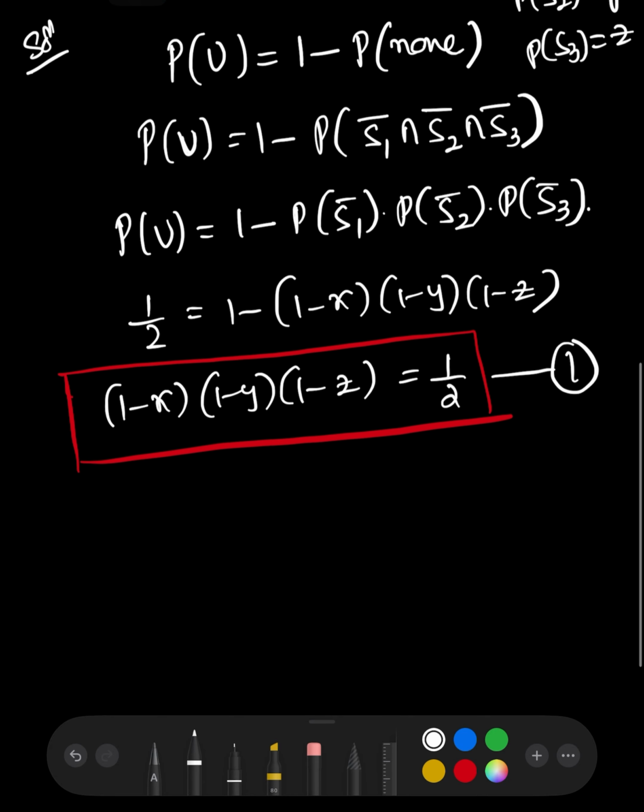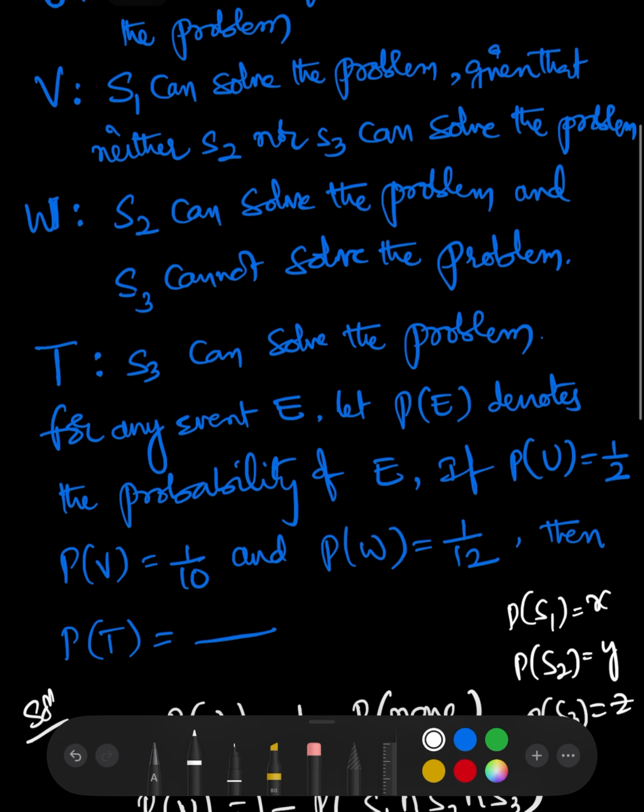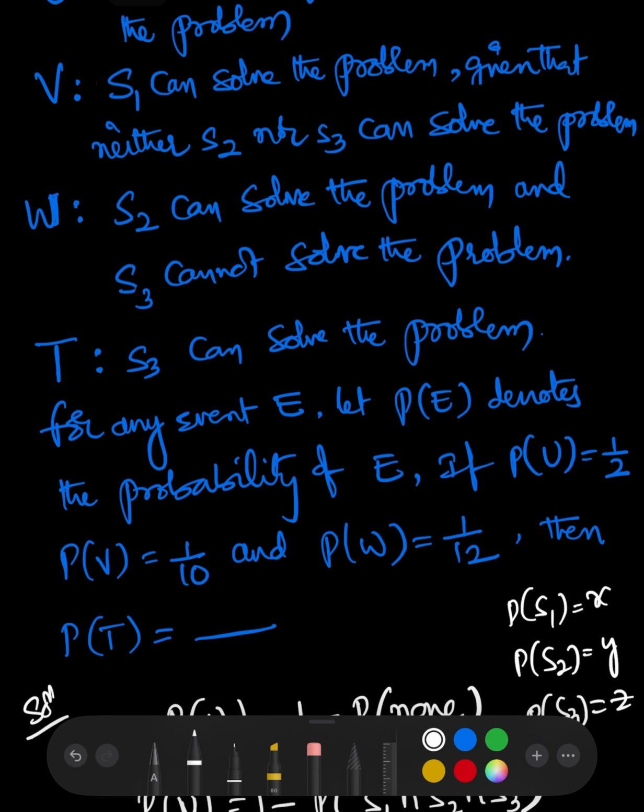Now move on to P of V. So clearly, what is V? S1 can solve the problem given that neither S2 nor S3 can solve the problem. Clearly it is a conditional probability.